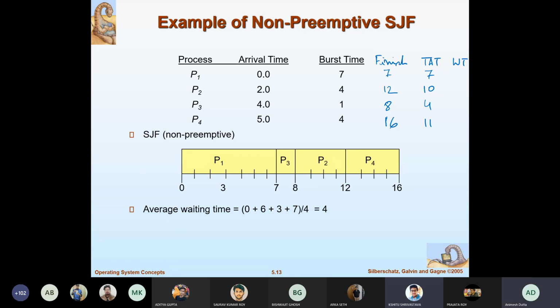So it is the total time in the system, maybe waiting in the ready queue or in the execution state. In total, that is calculated as turnaround time. So finish time minus arrival time will give you the turnaround time.